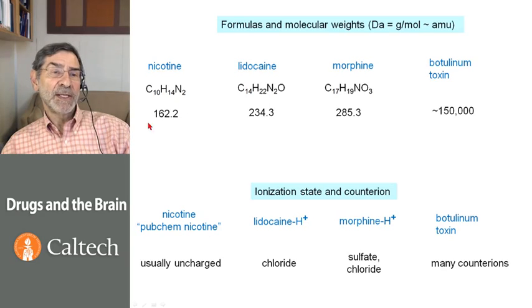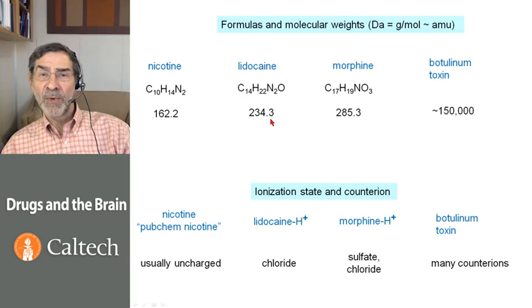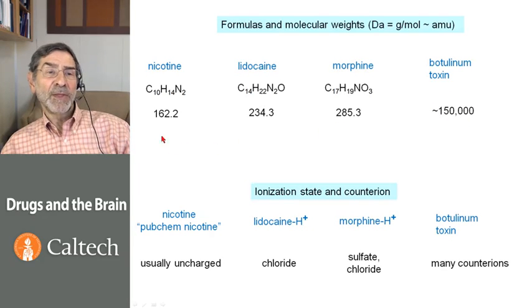So nicotine has a molecular weight of 162 Daltons, lidocaine a bit more, morphine a bit more, botulinum toxin very much more than that. These are typical molecular weights for the drugs that we will discuss, up to about 500.